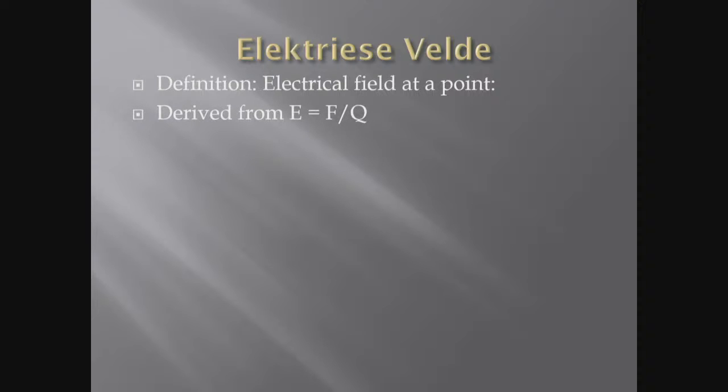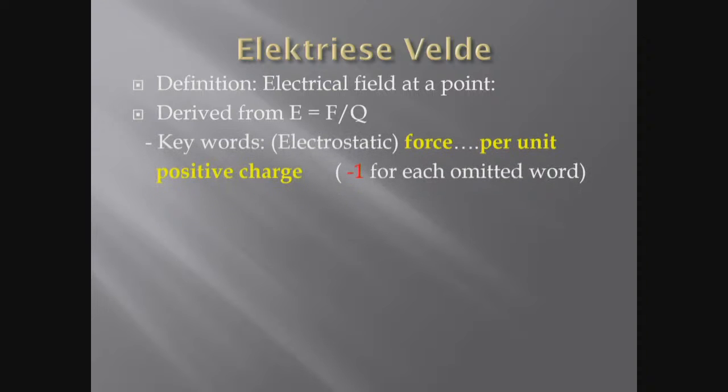The definition for electric field at a point is derived from the formula, or the formula is actually derived from the definition, and that formula states that E, electric field, equals F, electrostatic force, divided by the charge at that certain point. So therefore, the definition of an electric field is the electrostatic force experienced per unit positive charge.